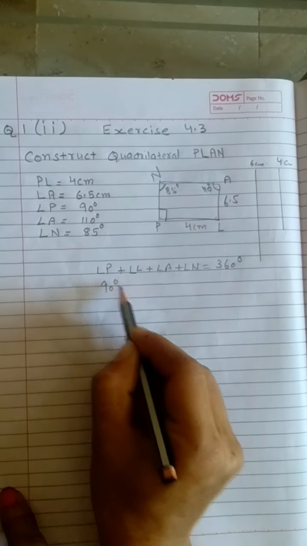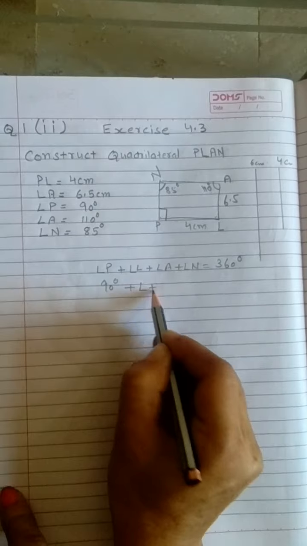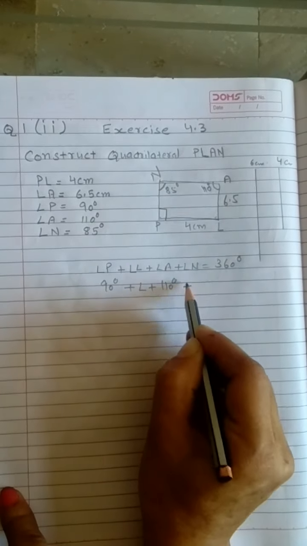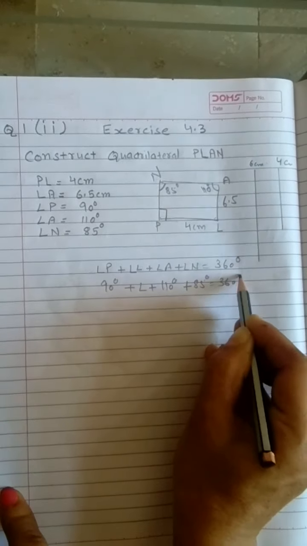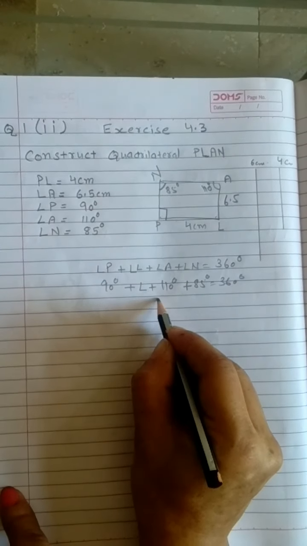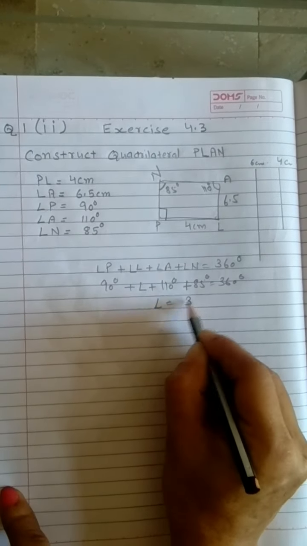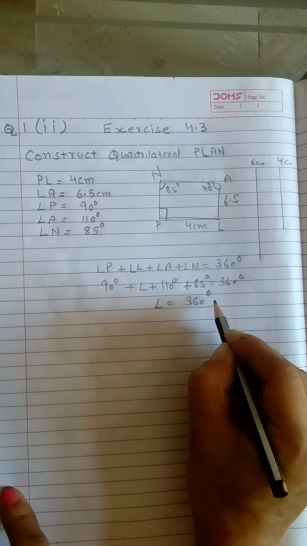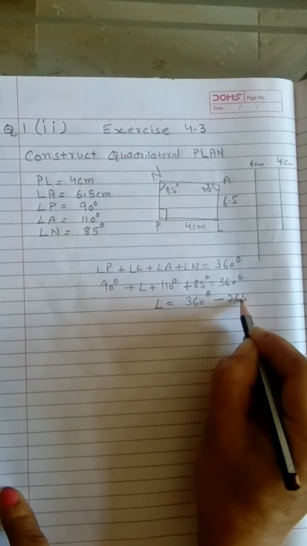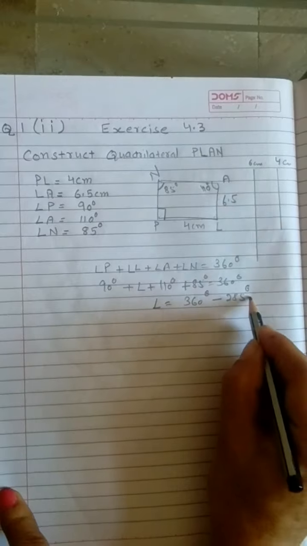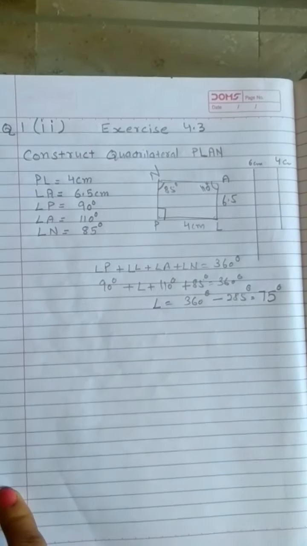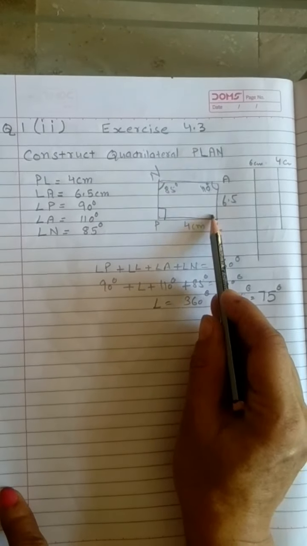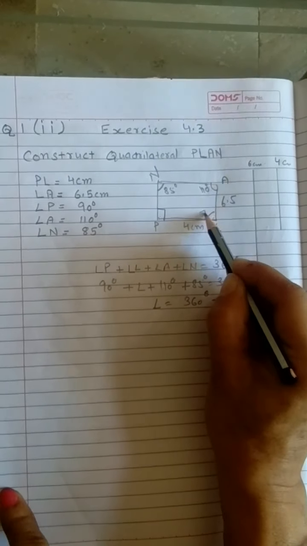P you have given 90 degree, L you don't know, A 110 degree, and N 85 degree. So in this way you can find angle L, which is equal to 360 degree minus 285 degree, and that is equal to 75 degree. Now I know angle L, it's 75 degree.